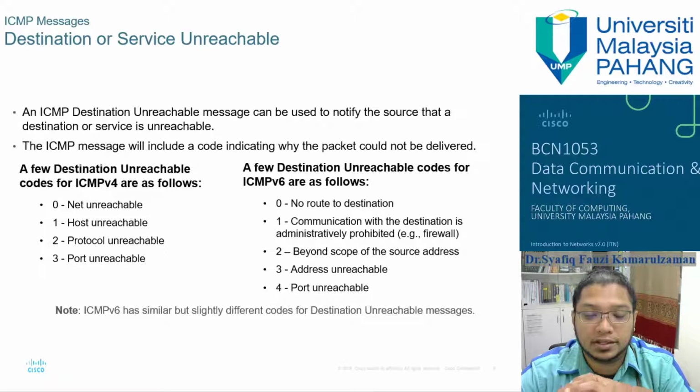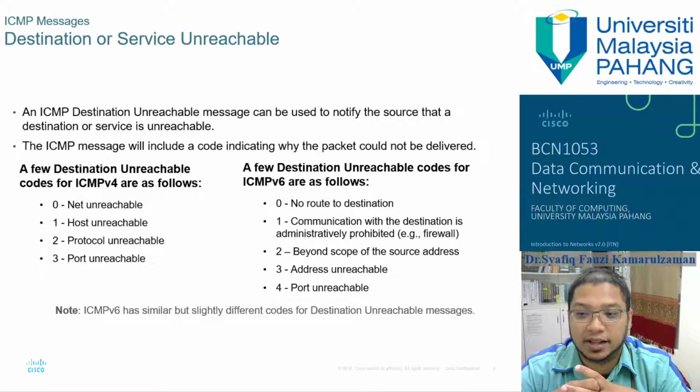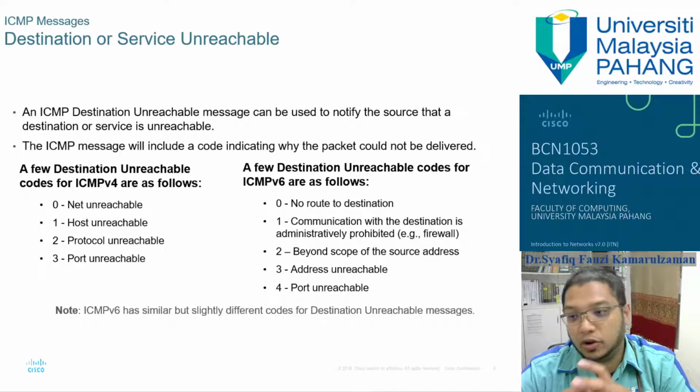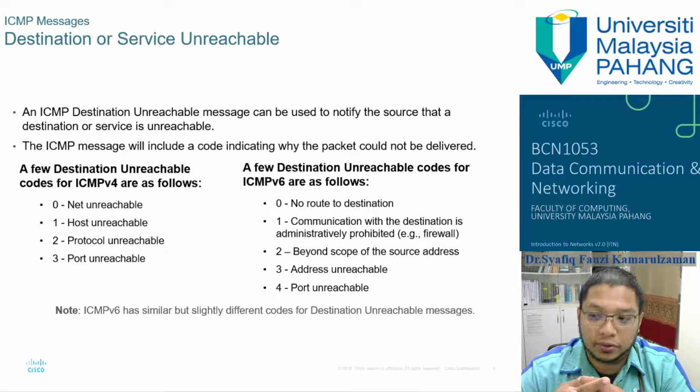For example, in ICMPv4, you can see on the slide that 0 is network unreachable, 1 is host unreachable, 2 is protocol unreachable, and 3 is port unreachable. On ICMPv6, we have 0 for no route to destination, 1 for communication with the destination is prohibited, for example by a firewall, 2 is beyond scope of the source address, 3 is address unreachable, and 4 is port unreachable.